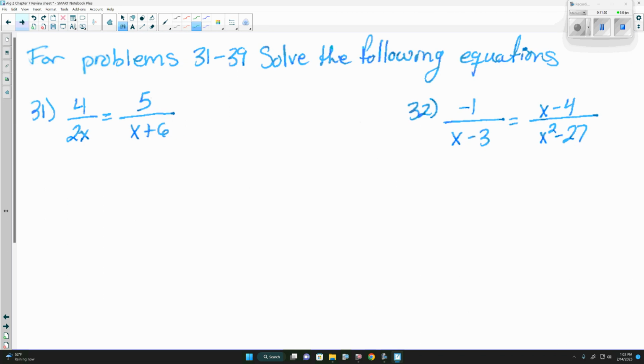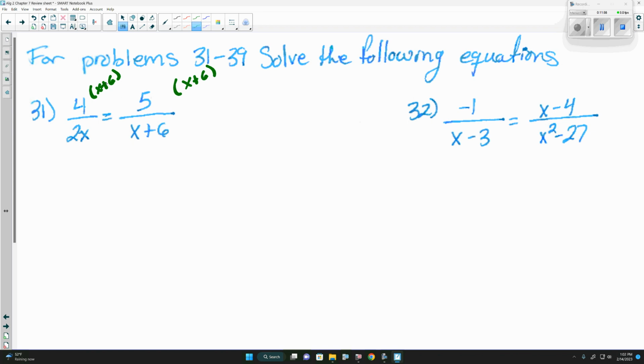Solving, this is the last thing we're going to look at on the review sheet, is solving these rational expressions. Now, the first thing we need to do, especially with this here, is multiply both fractions by something that will make the denominators cancel.